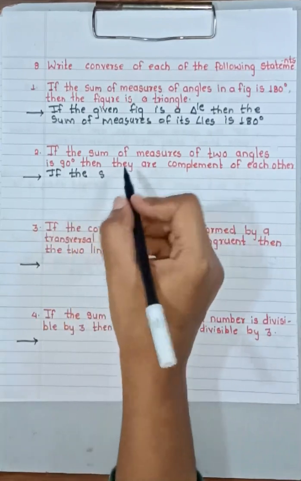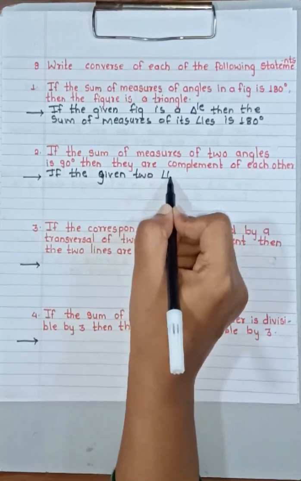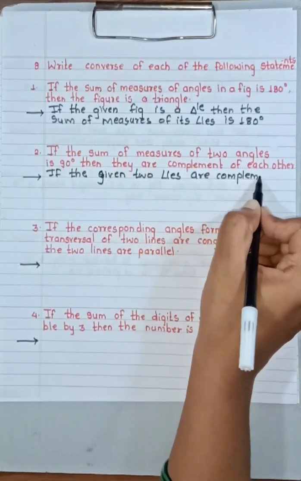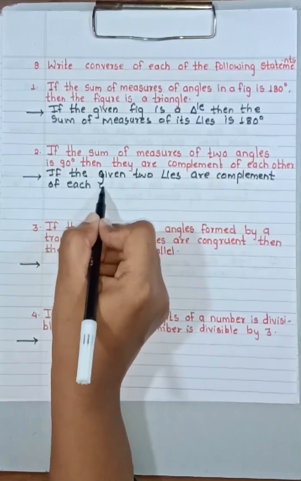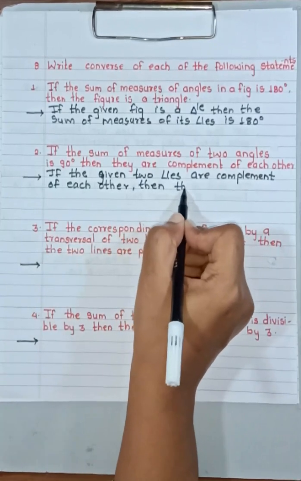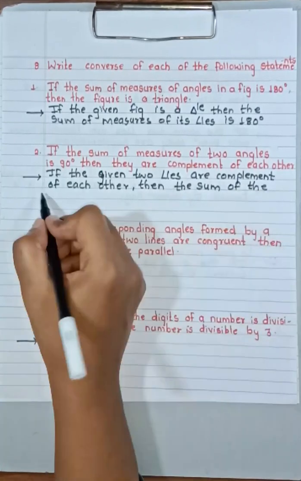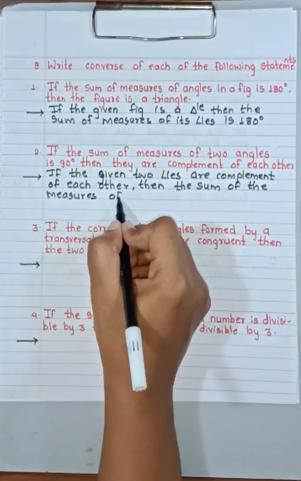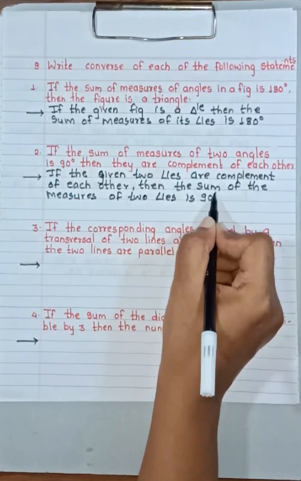If the given two angles are complement of each other, then the sum of the measures of two angles is 90 degrees.